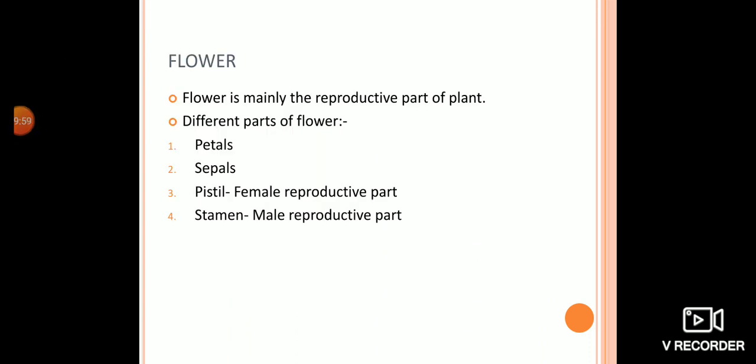A flower is the reproductive part of the plant. It is usually the most attractive part of the plant.